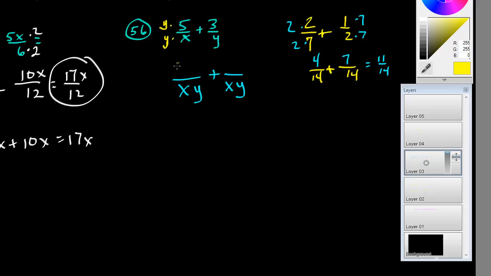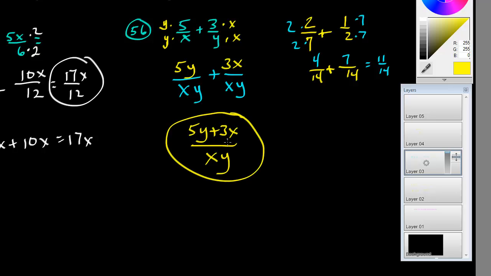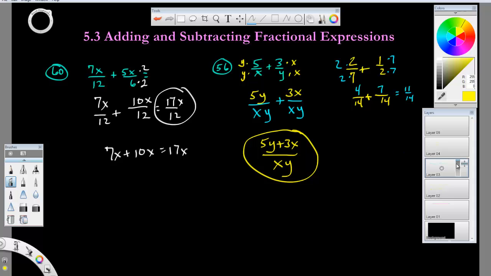All right? So this becomes 5y, and I multiply this side by what? What do you think? It would be x. So x times y is xy. 3 times x is 3x. And my final answer would just be 5y plus 3x over xy. Now, you should probably go back and watch that again.